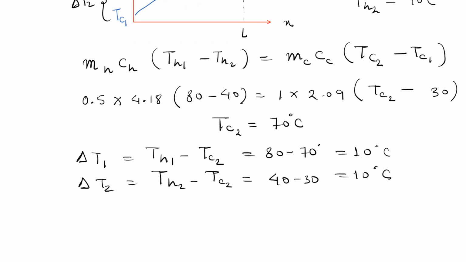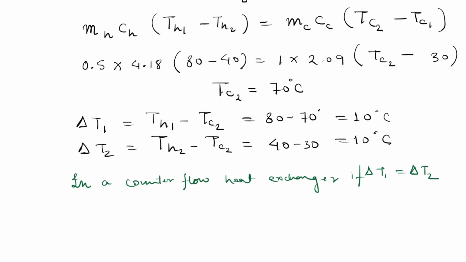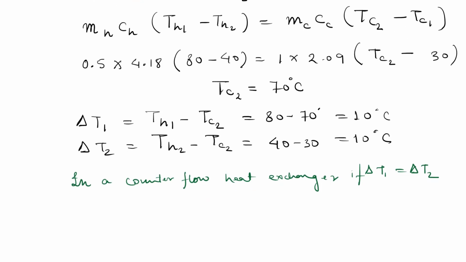That means in a counterflow heat exchanger, if delta T1 is equal to delta T2, then using L'Hopital's rule, we can write this delta T1 is equal to delta T2, which is equal to LMTD.